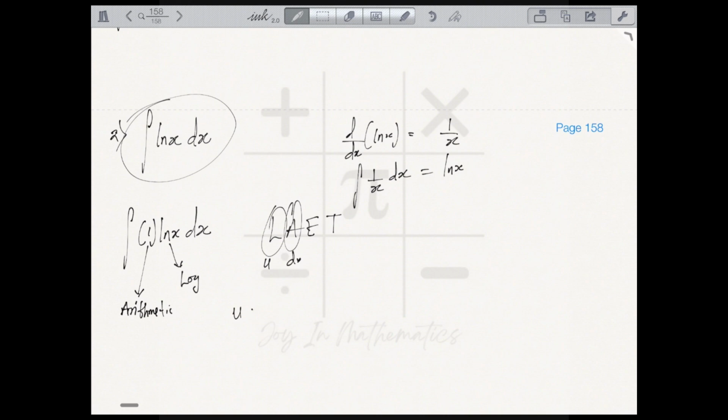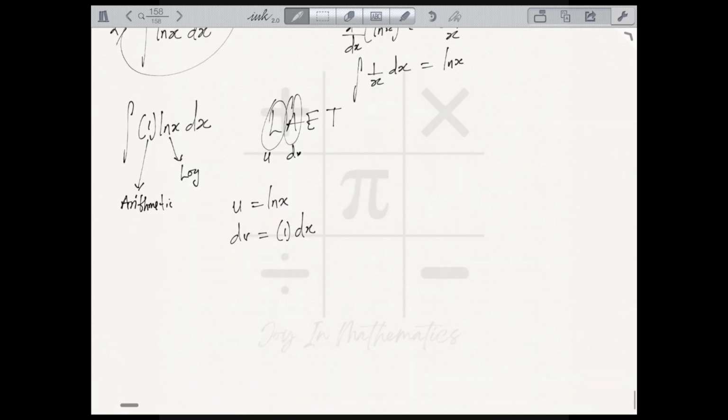Therefore, we are saying that u is equal to ln x and dv is equal to 1 dx. And if u is equal to ln x, our du/dx is equal to 1 over x, and our du rather will be dx over x.